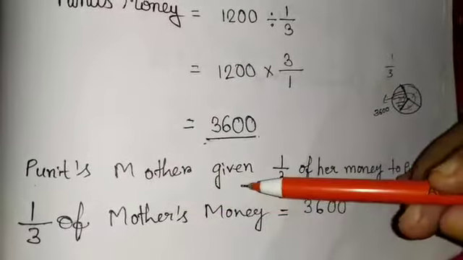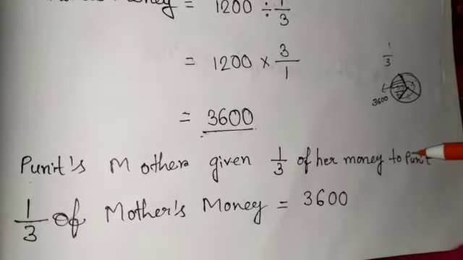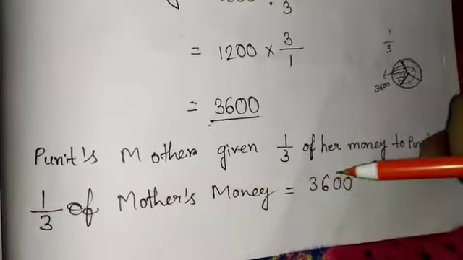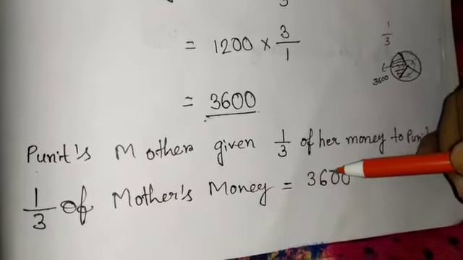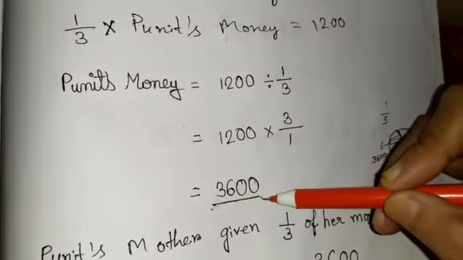So Punit's mother gave 1/3 of her money to Punit. So 1/3 of mother's money will be 3600. See, Punit's money is 3600.